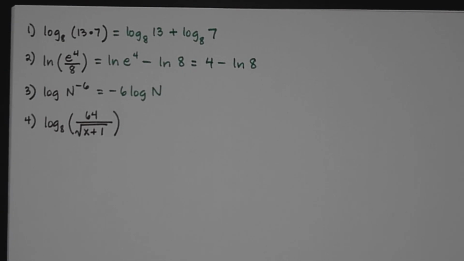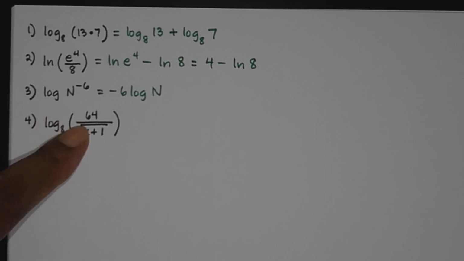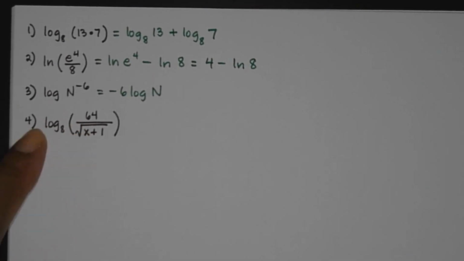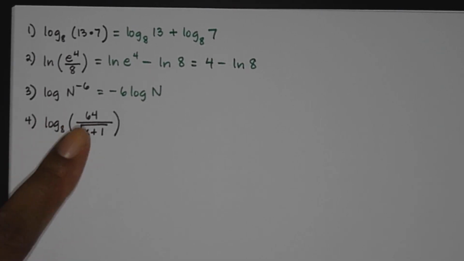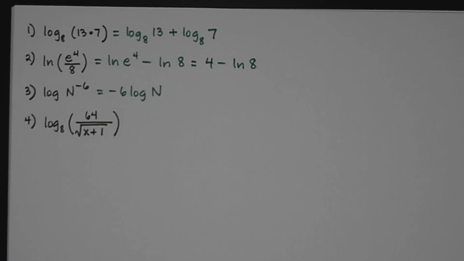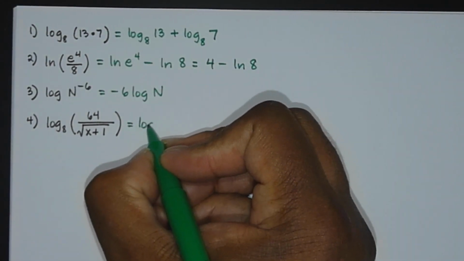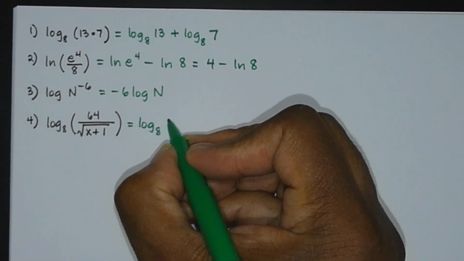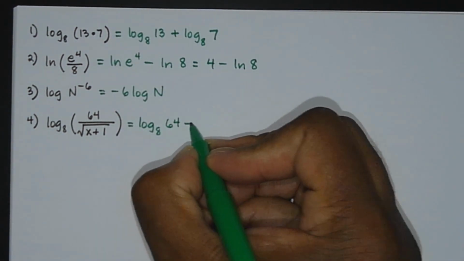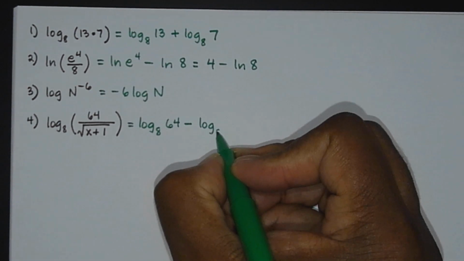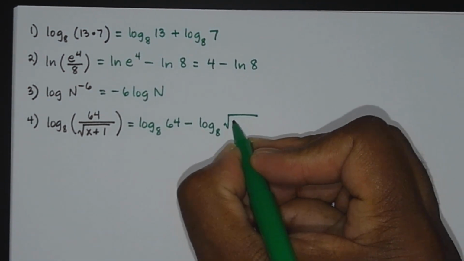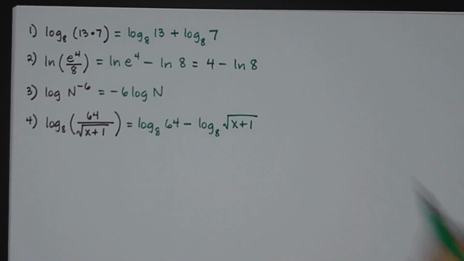Quotient rule, because notice I have a numerator and a denominator, for my logarithm. So I have the log of the quotient. I can use the quotient rule and expand that as a difference of their individual logarithms. So we'll expand this as log to the base 8 of the numerator, that's 64, minus log to the base 8 of the denominator, that's the square root of x plus 1.